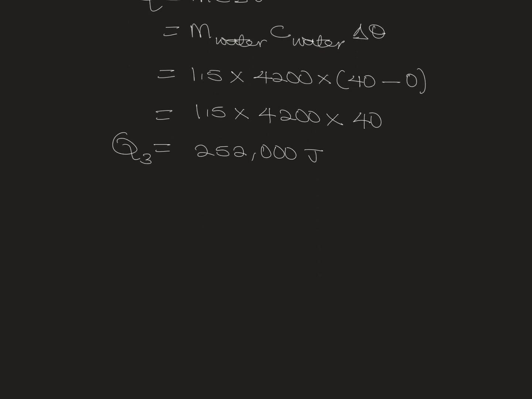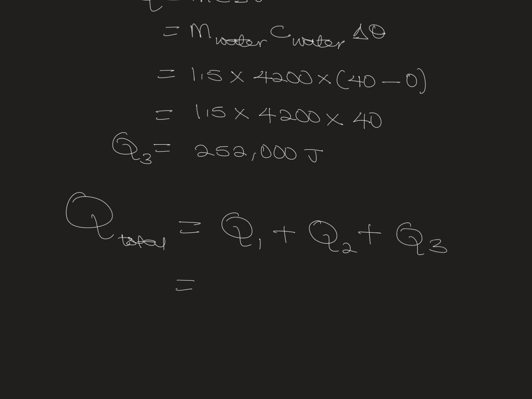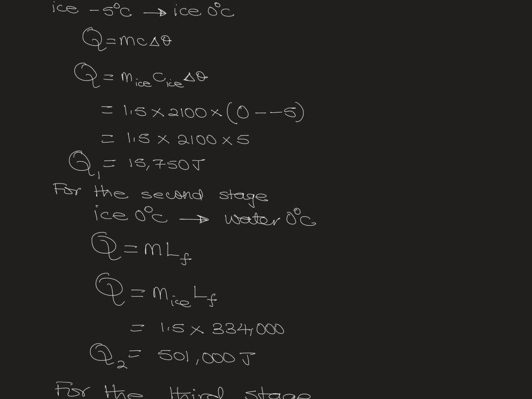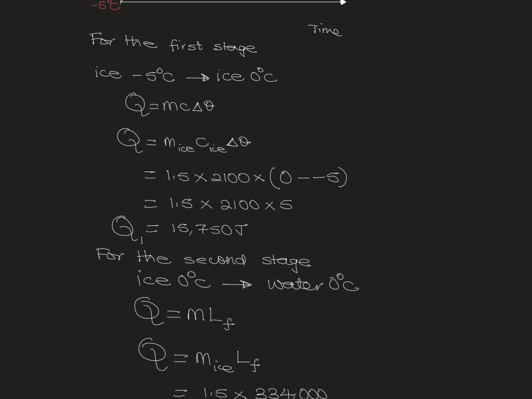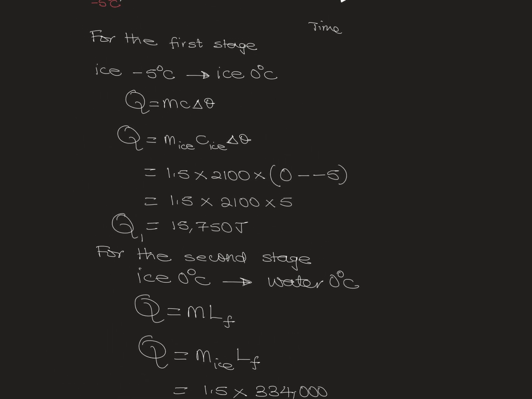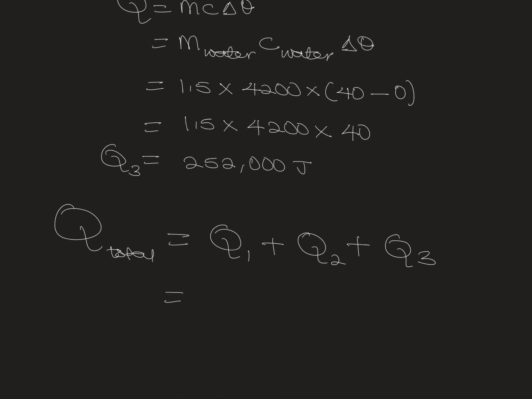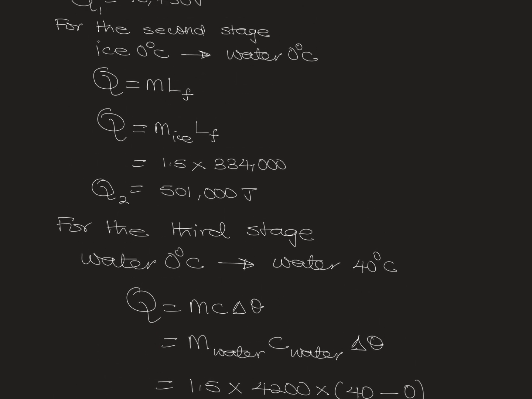Now, to finally answer the total energy that is needed, that is Q total, it will be Q1 plus Q2 plus Q3. So what is Q1? Okay, Q1 is 15,750 joules. That is the energy for the first stage, plus what is Q2.